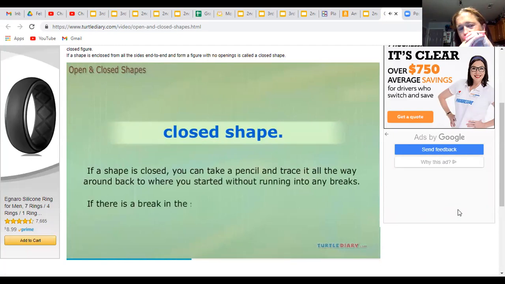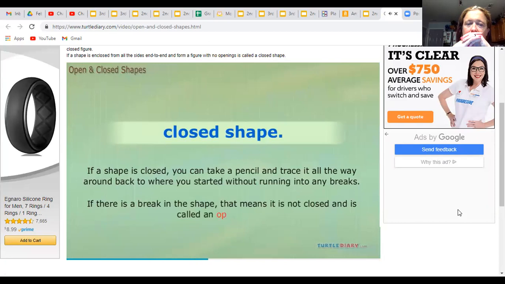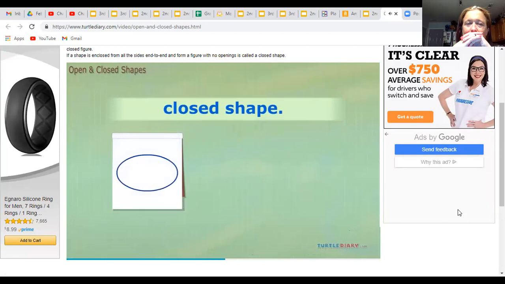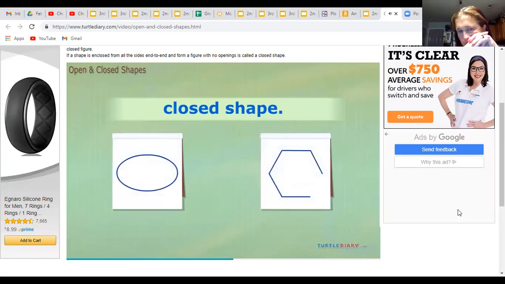If there is a break in the shape, that means it is not closed and is called an open shape. Let's take a look at these two shapes. The first shape is closed because you can trace the oval all the way around back to where you started without running into any breaks or openings. The second shape, however, is open because there is a break in the line. The shape is not completely closed in.